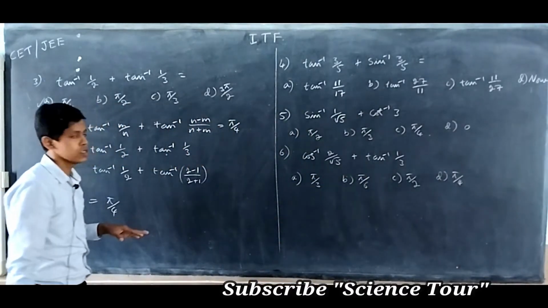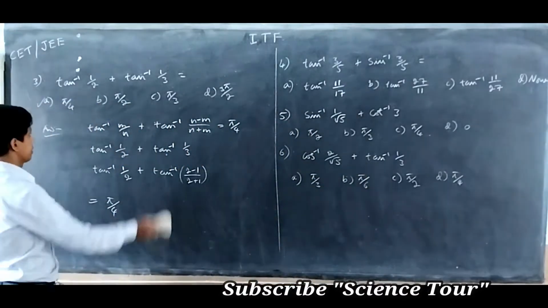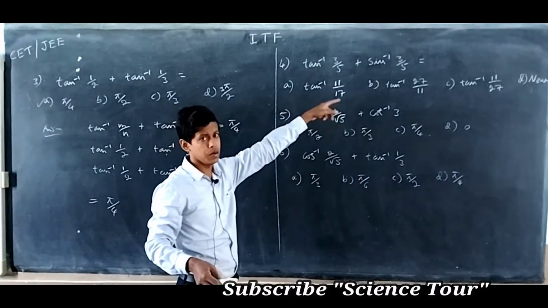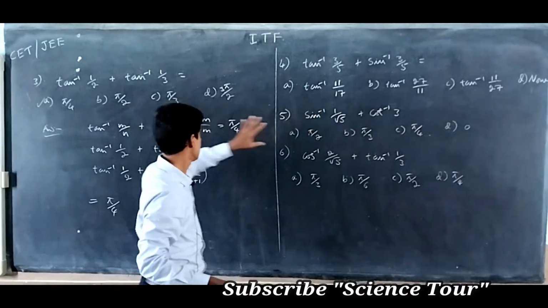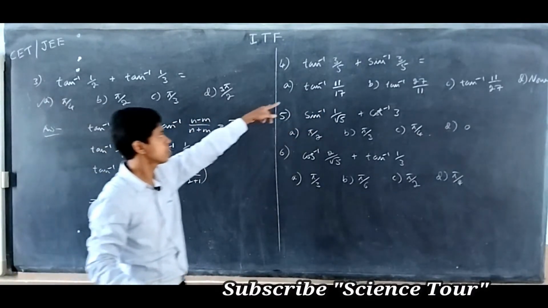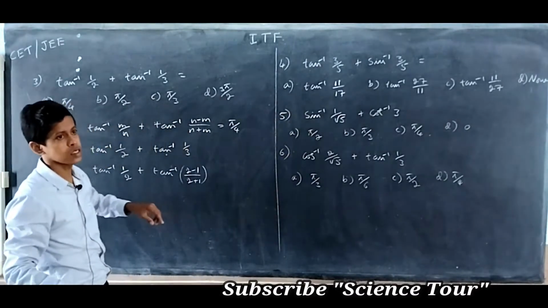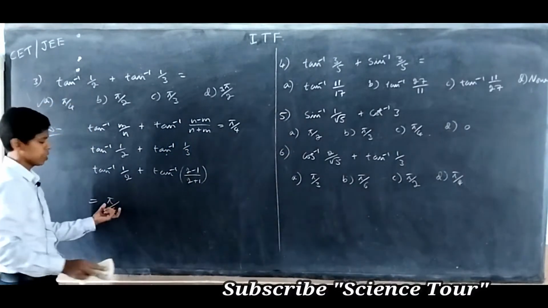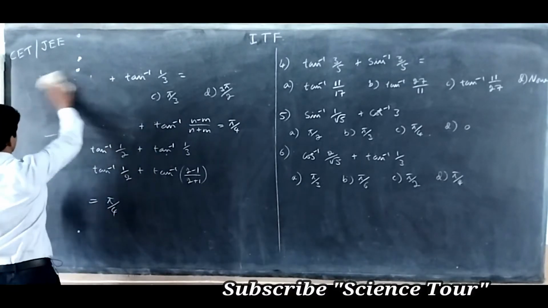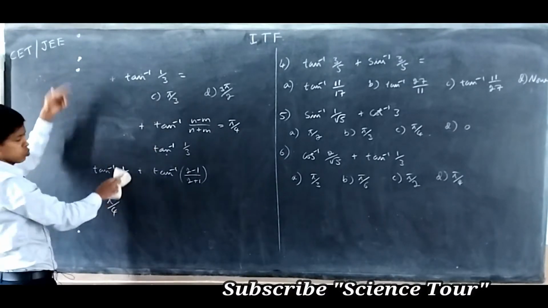Now we understood where we cannot use the formula, because the options are different. You don't have pi by 4 there, so don't go to check whether you can use the formula or not. You cannot, because the options are not there. The answers are not comparable to this. So let me solve the fourth one here.